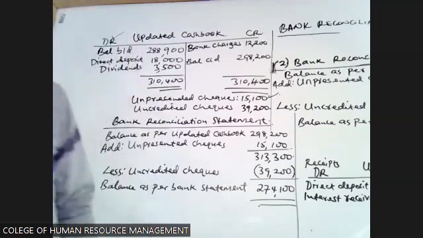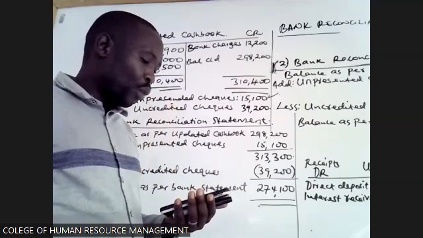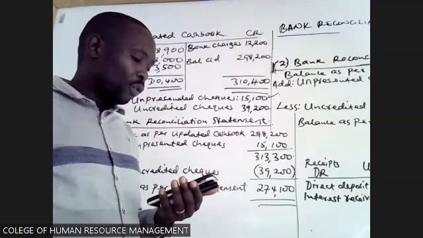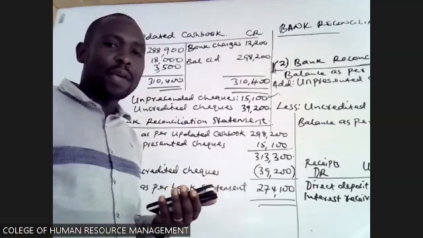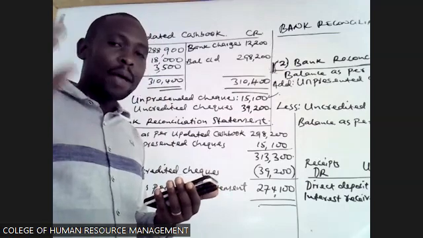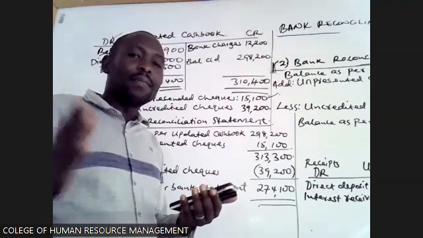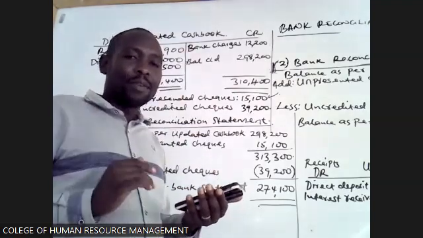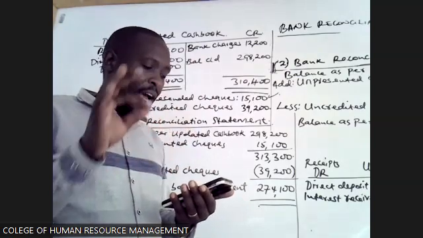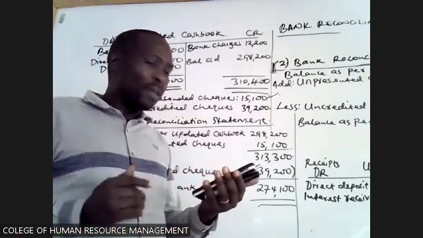So in this case, we went to the credit of the cash book. We had a check issued to H. Farah, check issued to F. Heron. Don't compare the balance. Those were the checks that were paid. Checks that were paid in the bank statement, they are going to be on the debit. So we were asking ourselves, these checks for H. Farah and F. Heron, do we have any that is not on the debit of the bank statement?